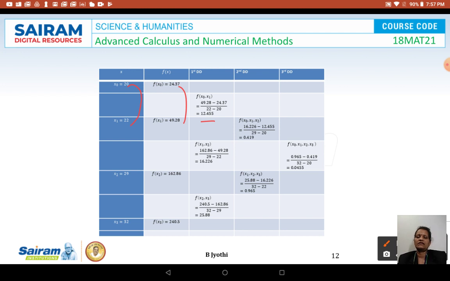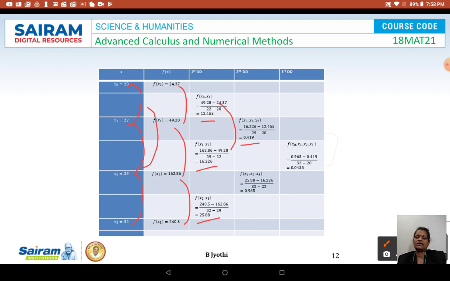Similarly, the first divided difference, that is f of x1 and x2, is obtained by the difference between these two divided by 29 minus 22. Next, the difference between these two divided by 32 minus 29, which gives us 25.88 and 16.226. Next, the second divided difference is obtained by taking the difference between these two divided by the difference between the first and the third value.